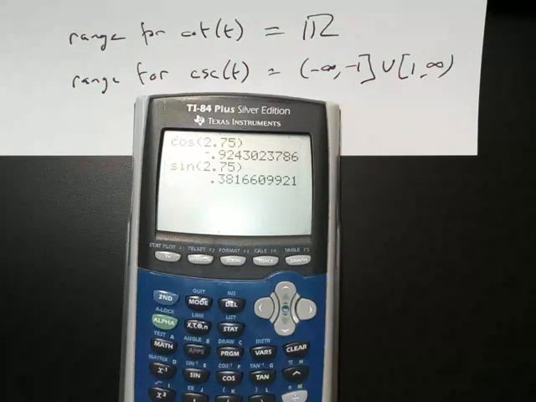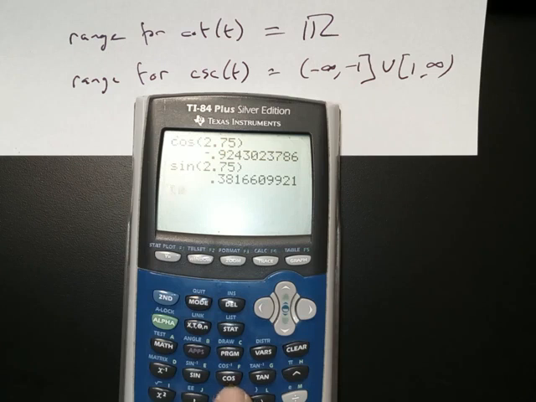2.75 is smaller than pi, because pi is a little bit bigger than 3. So that number, if I think of it as an angle in radians, is in the second quadrant somewhere. Cosine should be negative, sine should be positive. Those should be a point on the circle.